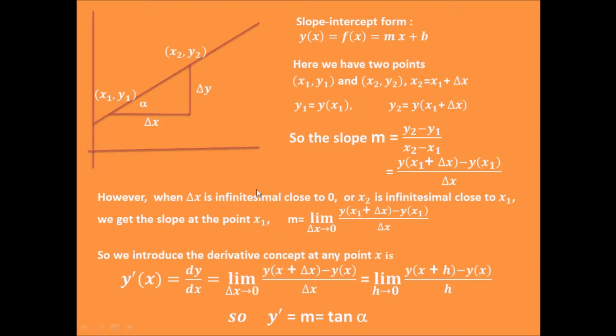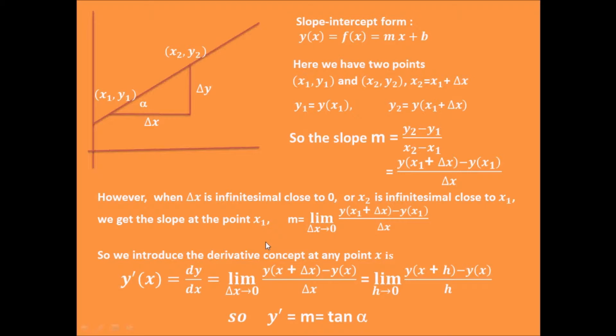So as you can see, when delta x is infinitesimally close to 0, which means x2 is infinitesimally close to x1, then the line slope becomes the slope at the specific point x1, with delta x approaching 0.